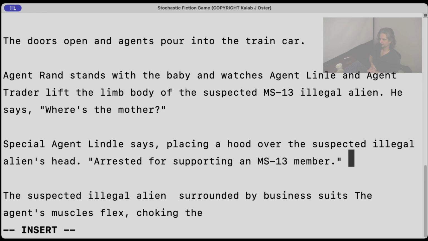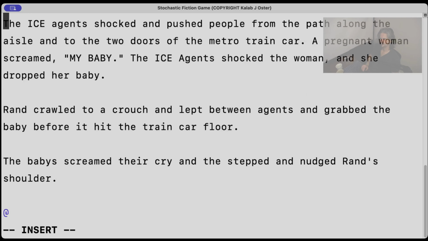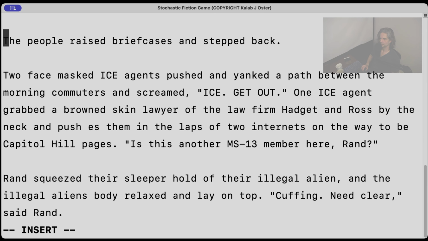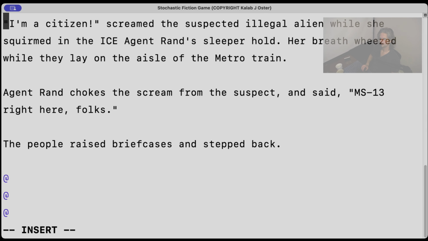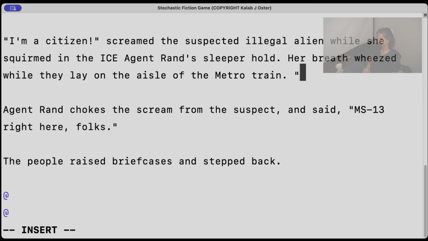Arrested for being an MS-13 member. Now they got to say something. A victim. No victim here.